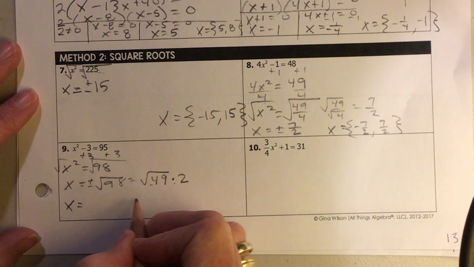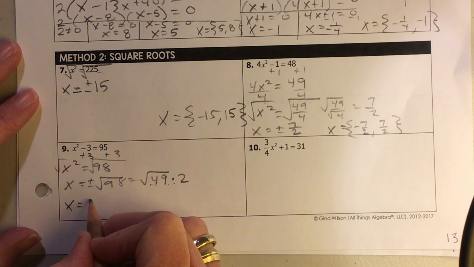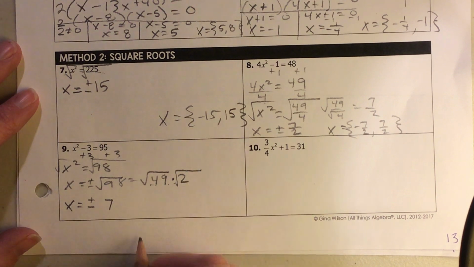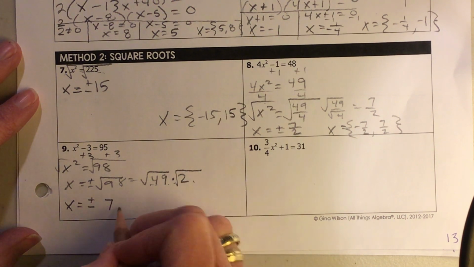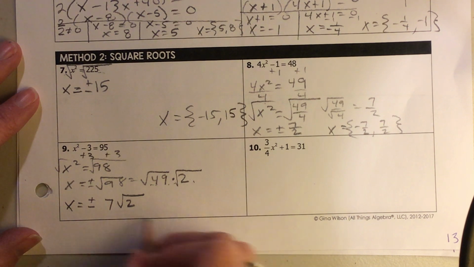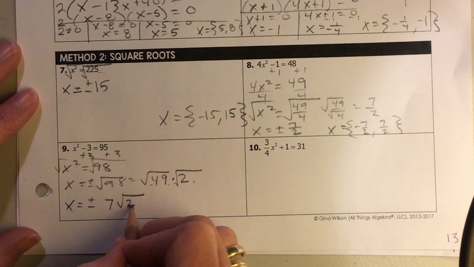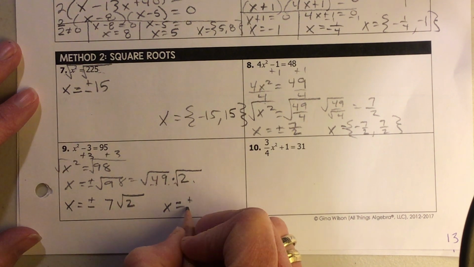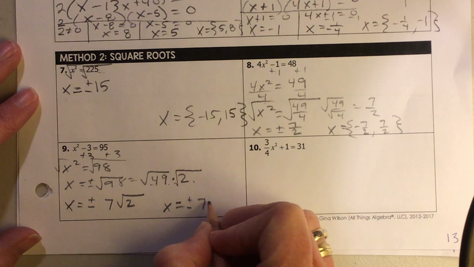Great. So if I take the square root of 49, it's going to be 7. So I'm going to take that out of the radical form. The square root of 2 is not a perfect square, so it's going to be plus or minus 7 square root of 2. I'm just going to keep it that way.